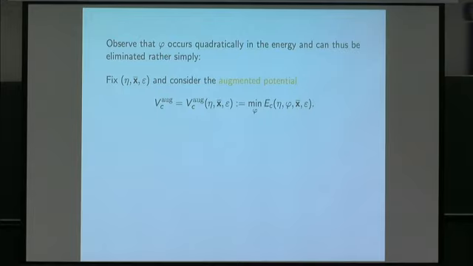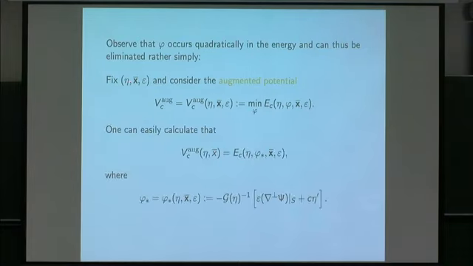You can define this augmented potential, V aug c, where you just minimize the augmented Hamiltonian over phi. So now it depends on just eta and x bar, and you can write down what that is explicitly. The minimizer phi star has this expression. This is the inverse of the Dirichlet-Neumann operator, and this is what you would see without vorticity. Now this is an additional term, but this is totally explicit, modulo knowing where x bar is.